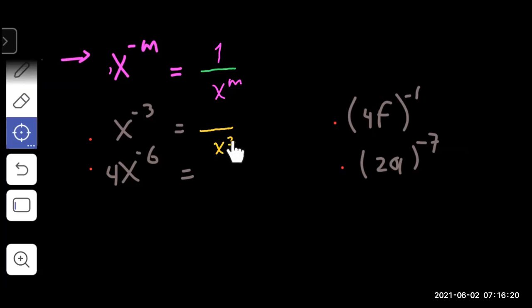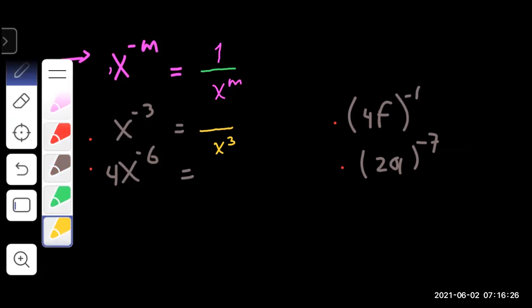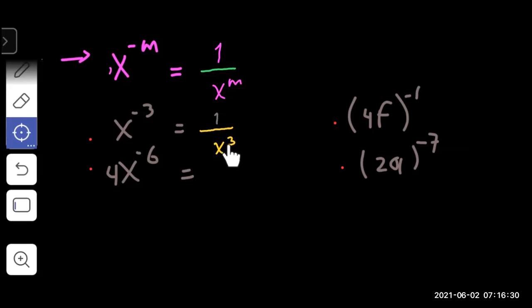I just moved it to the denominator, positive. And since I don't have any number here, what number do you think I'm going to need to complete the fraction? 1, correct. 1 over x cubed, that is the answer. Correct.